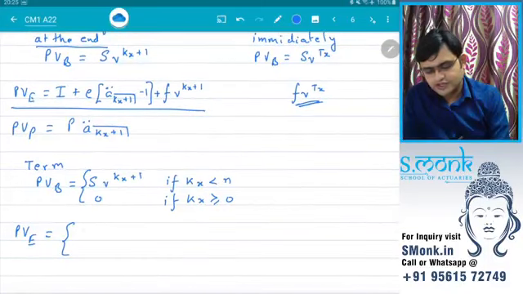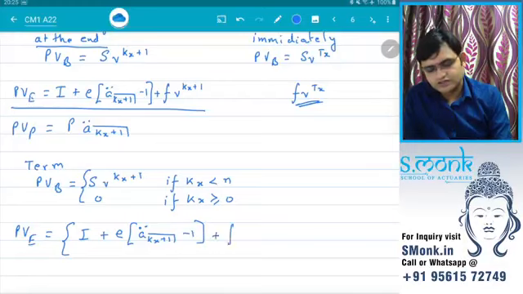So if a person dies before n years, I was definitely paid, and the renewal expenses were e a due kx plus 1 minus 1 and then plus f v raised to kx plus 1. This happens if kx is less than n.